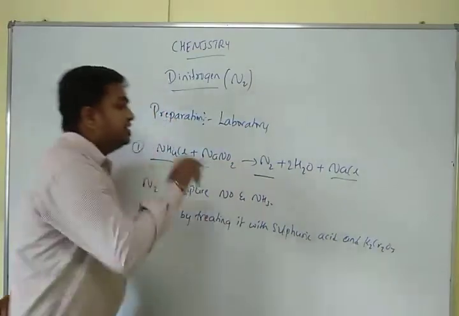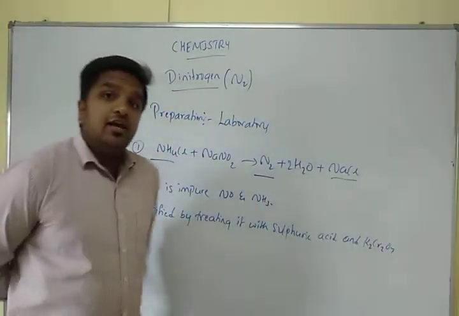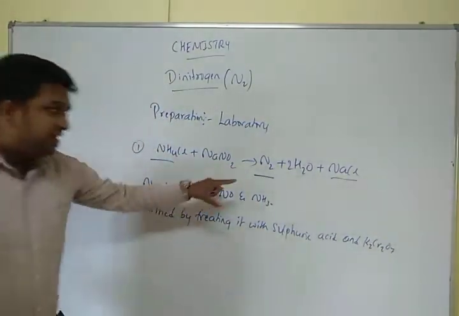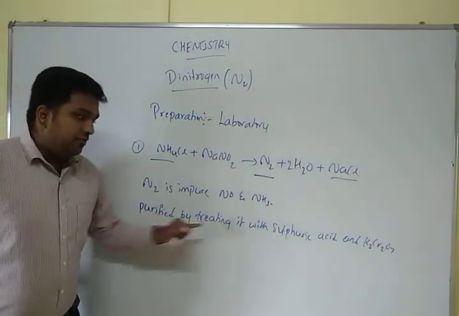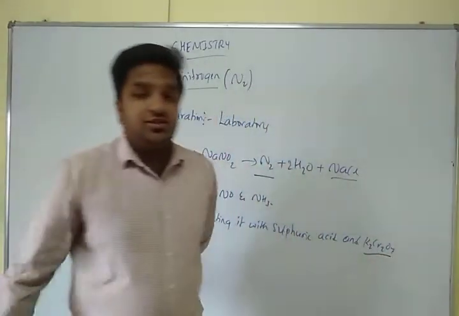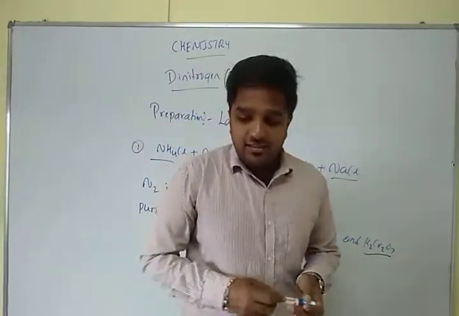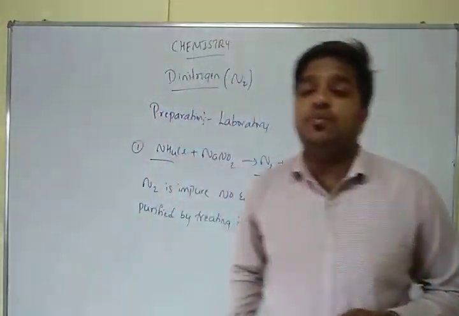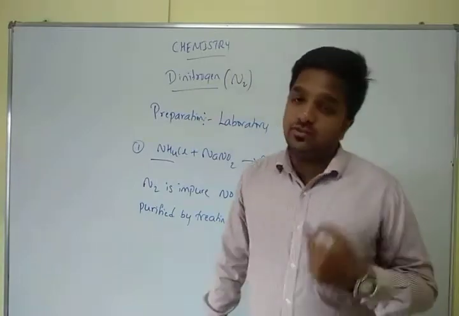So this impure dinitrogen can be purified by treating it with sulfuric acid, which also contains potassium dichromate. Clear, students? This is the first method of preparing dinitrogen in the laboratory.